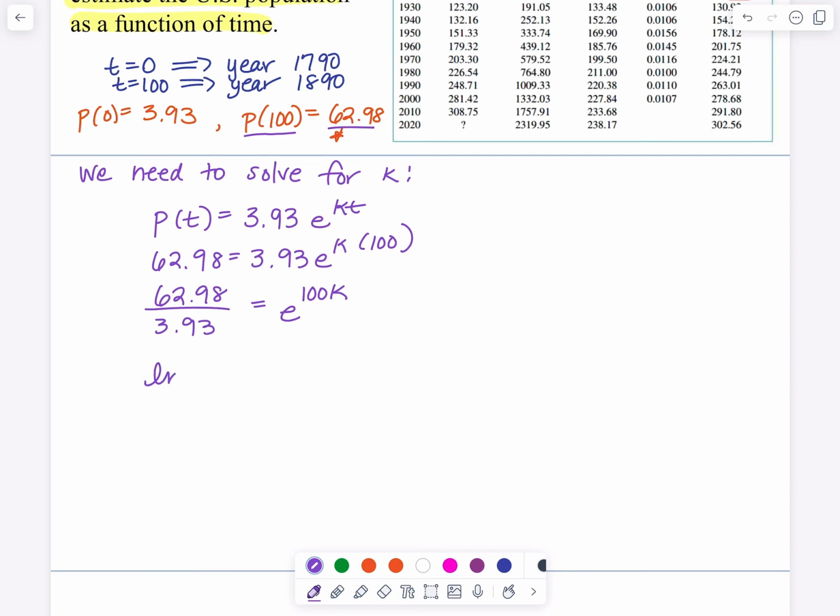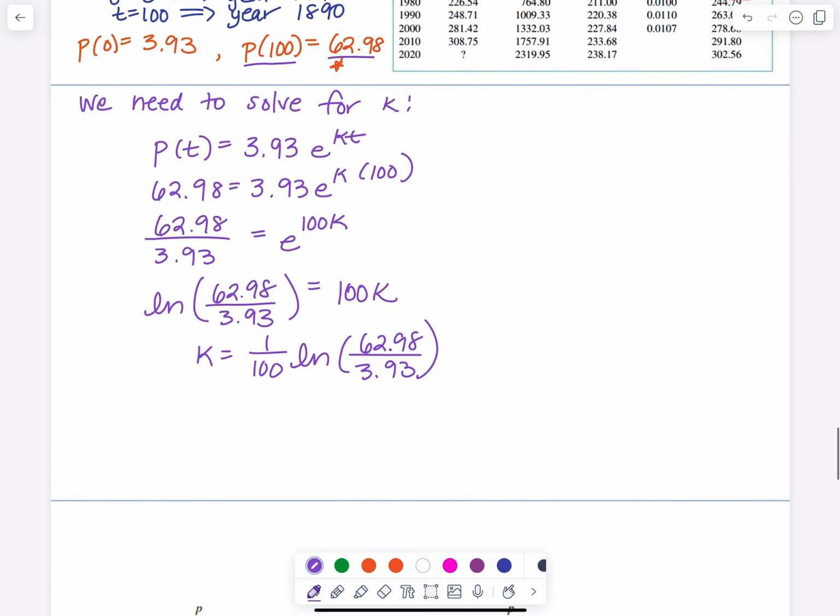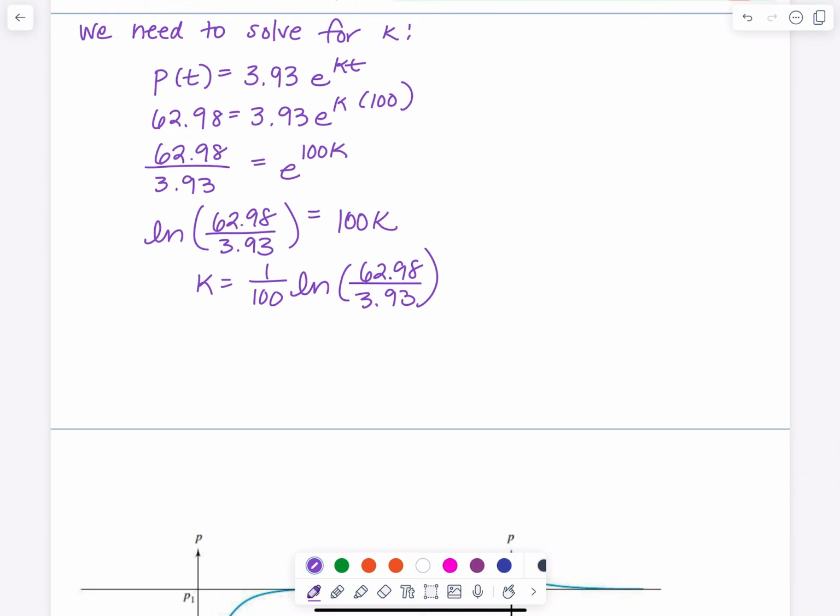So the natural log of 62.98 divided by 3.93, which is positive, is equal to 100k. So k equals 1 over 100 multiplied by the natural log of 62.98 divided by 3.93, and k is approximately equal to 0.027742.